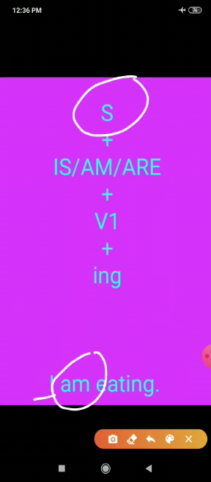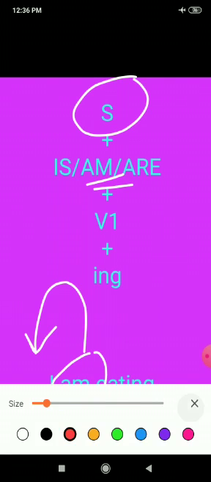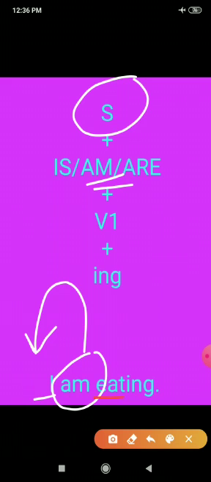There is am because am is used with I. Then there is V1, root form of the verb.